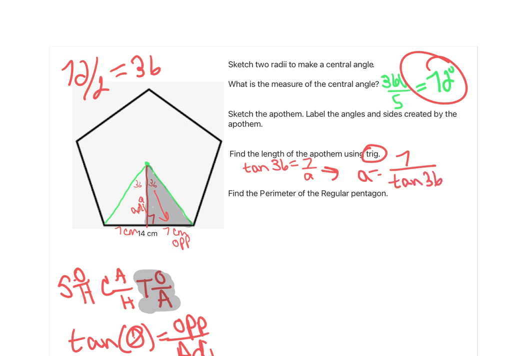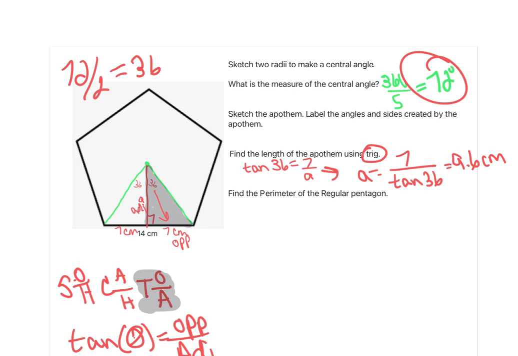And when we divide 7 by the tangent of 36, we get 9.6 centimeters.